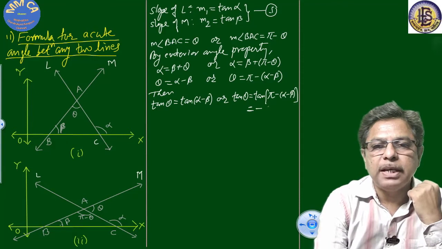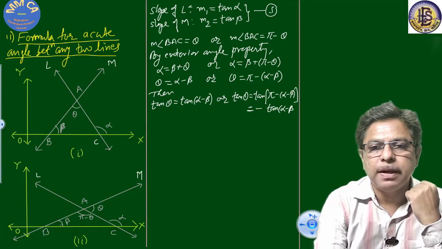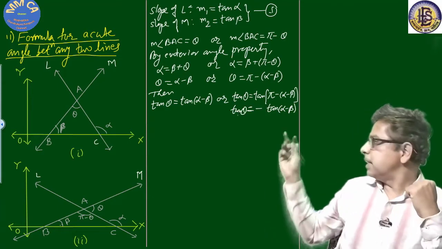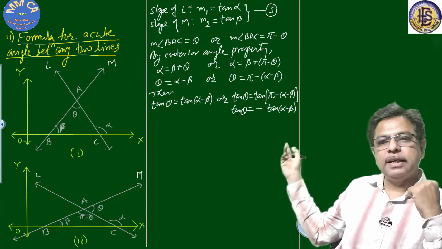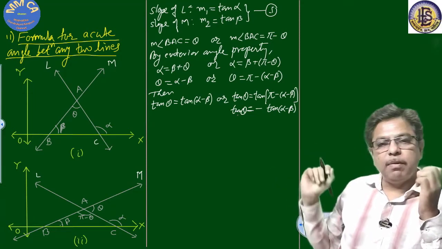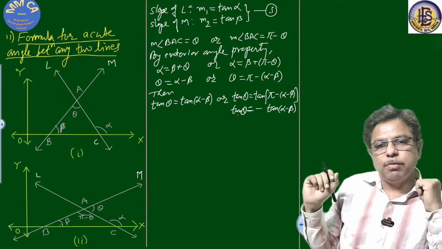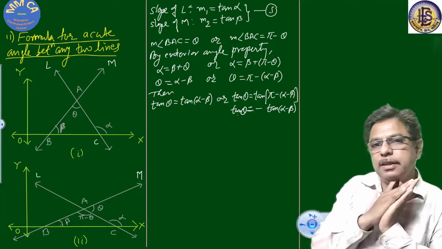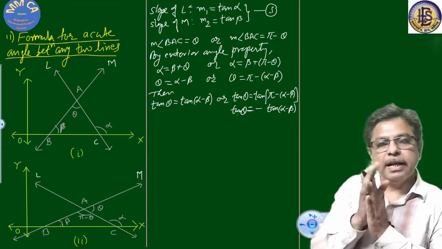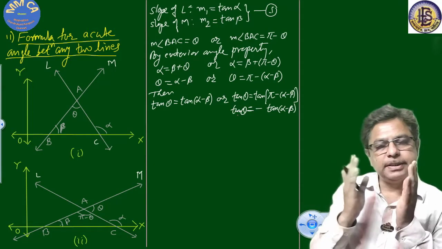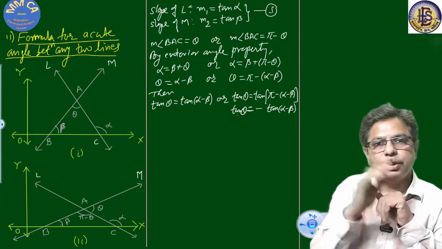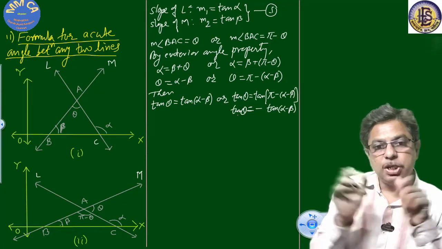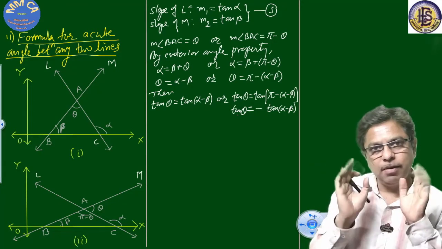So this is minus tan of alpha minus beta. So tan theta is either tan of alpha minus beta, or tan theta is equal to minus tan of alpha minus beta. Why is this so? Because theta is an acute angle, meaning it is between 0 and 90. So its tan ratio will obviously be positive because tan is positive in the first quadrant. So the LHS of both results is positive.